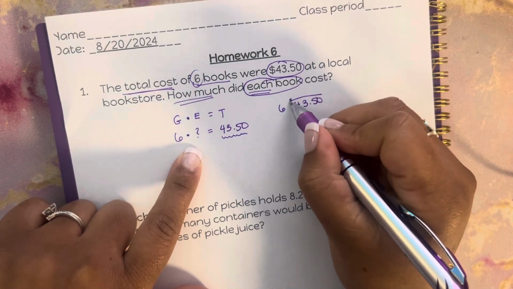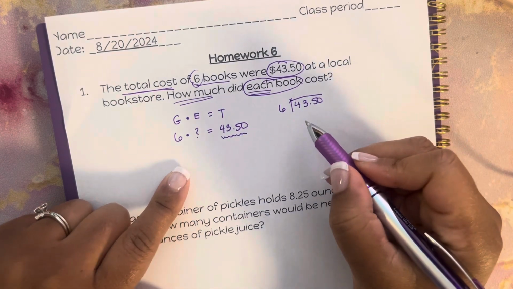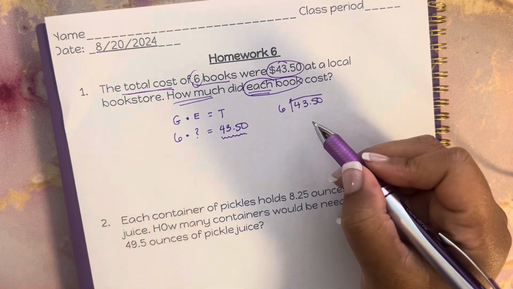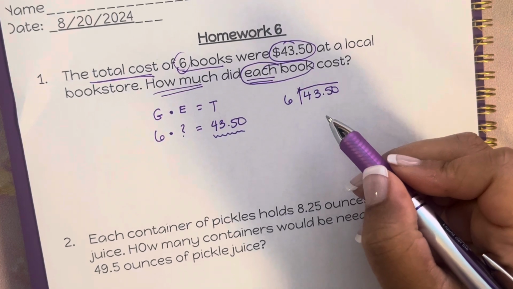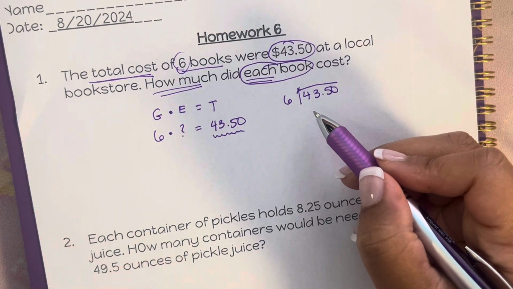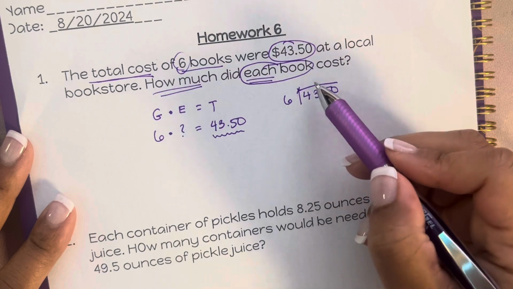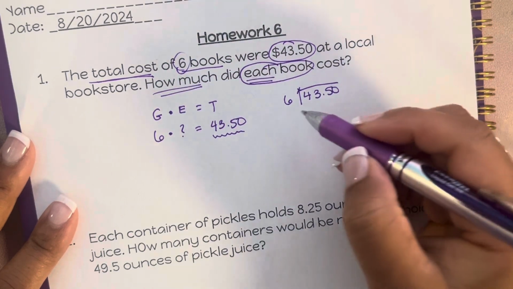Now we're asking ourselves, 6 times what number is going to get us close to 4, almost 4, but not over. And there is nothing we can multiply times 6 that's going to give us 4 or less. So then we look at 43, and we're asking ourselves, 6 times what number is going to get us closest to 43.